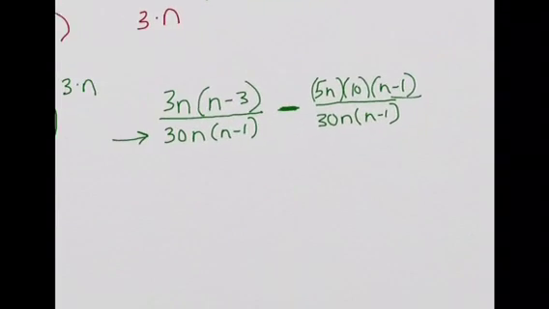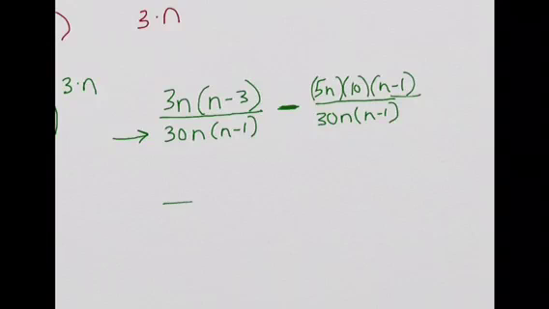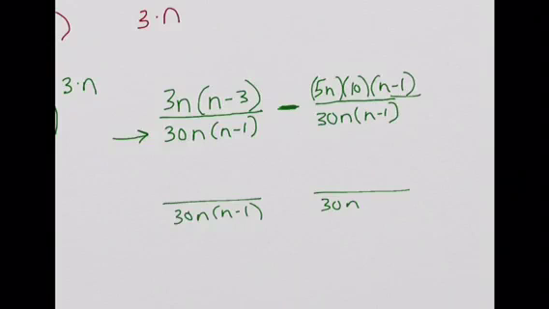What I'm going to do now is simplify the numerators of my fractions. Here's my denominator. It didn't change at all. Don't ever multiply out the denominator because you don't have to. The top of the first fraction is going to be 3n squared minus 9n. Subtract the second fraction.